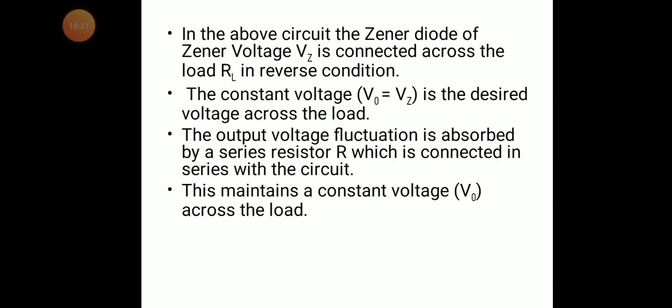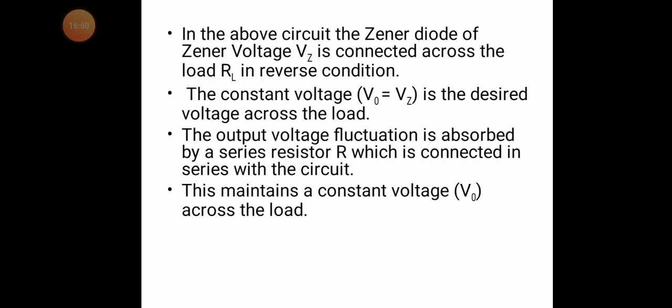The output voltage fluctuation is absorbed by a series resistor R, which is connected in series with the circuit. You can see the arrangement is such that any output voltage fluctuations are absorbed by the series resistor R.